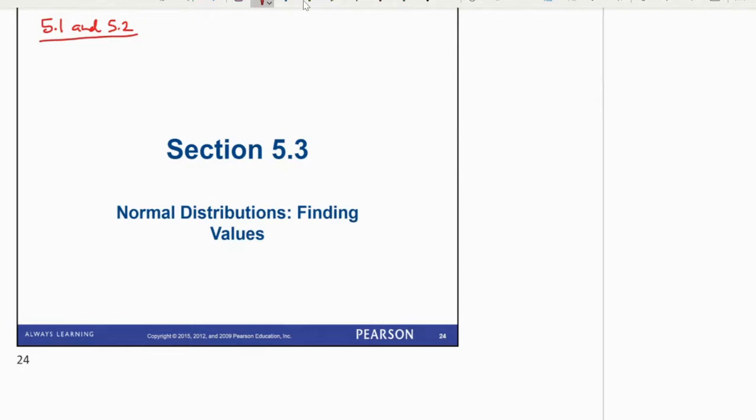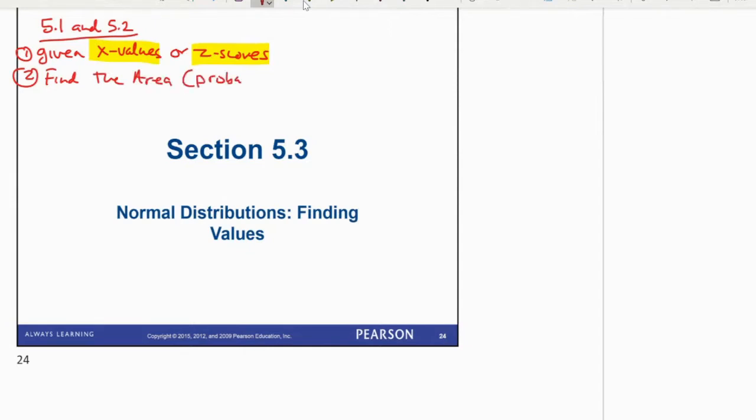When we were doing 5.1 and 5.2, we were given X values, or we were given Z scores, and then we were asked to find the area, or the same as finding the probabilities.